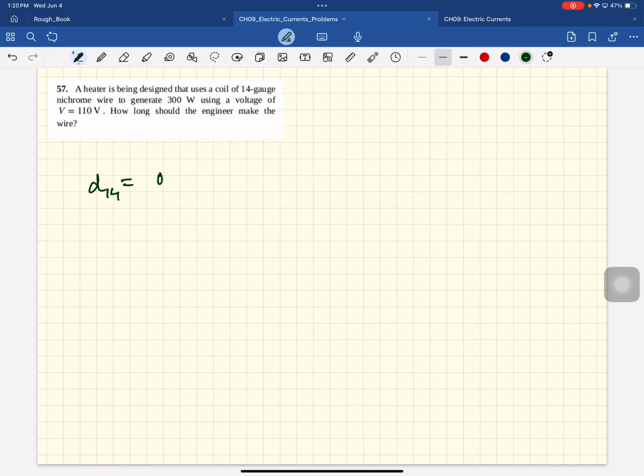It's 0.0641 inches, which is 1.628 millimeters.